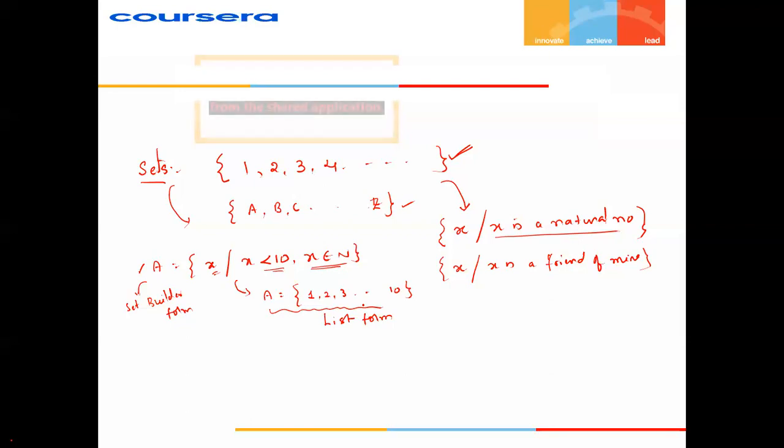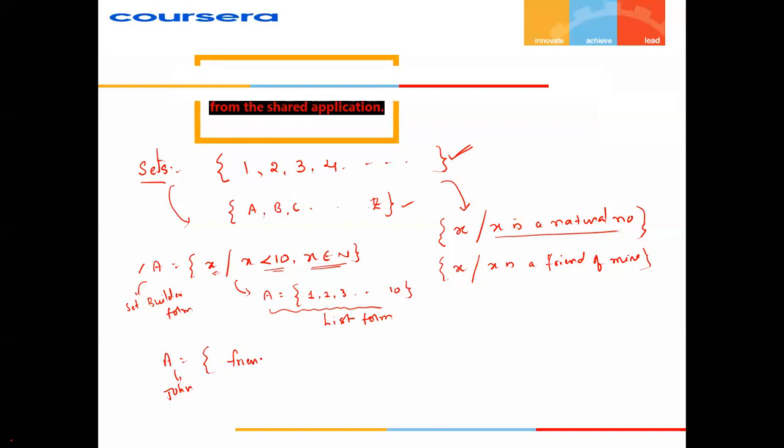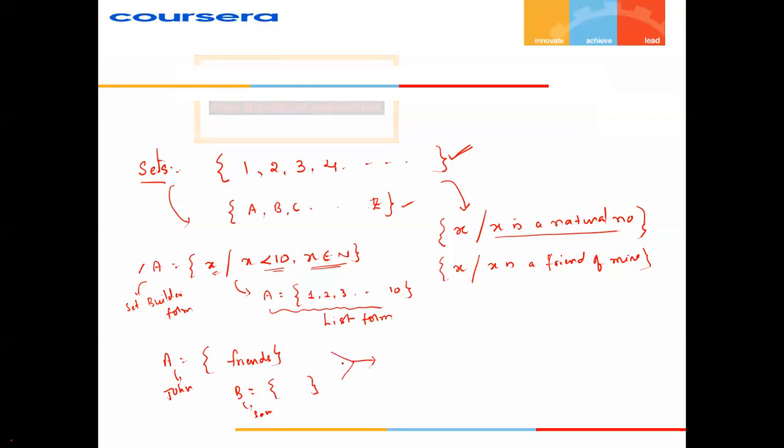Then what comes next is when we work with, suppose A is a person John and the collection of his friends, and B is another set consisting of Sam and his list of friends. Now we want to understand many things. On the whole, who are the friends of A and B?